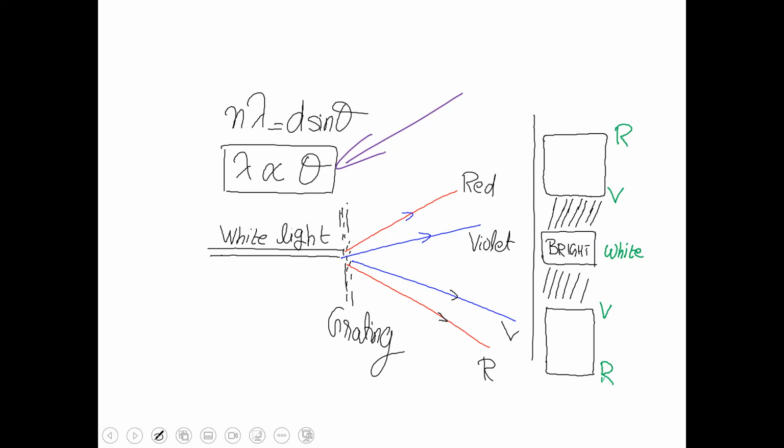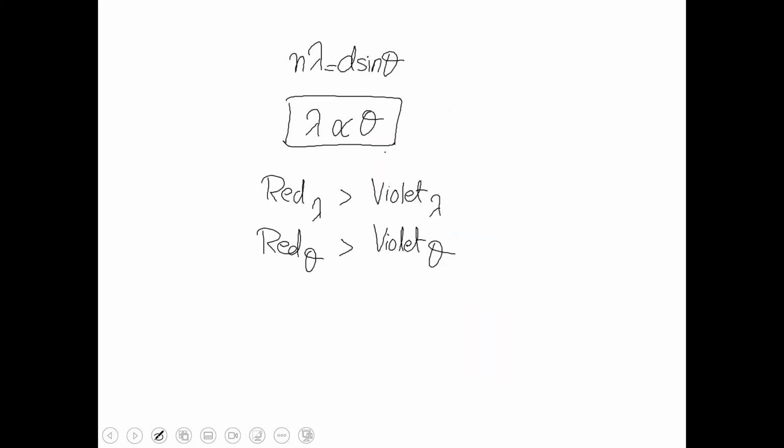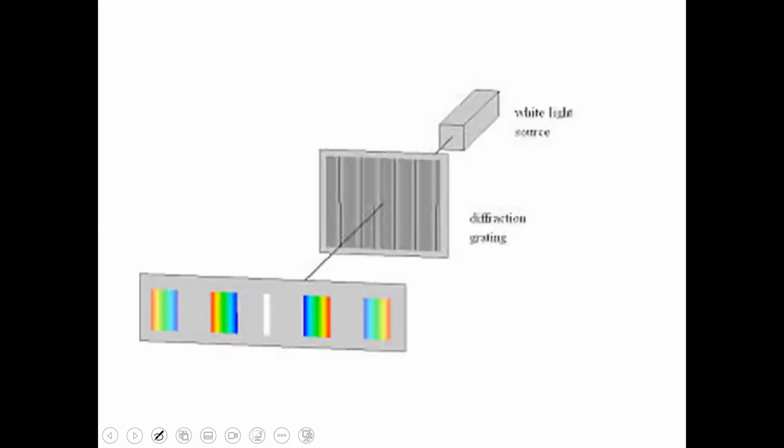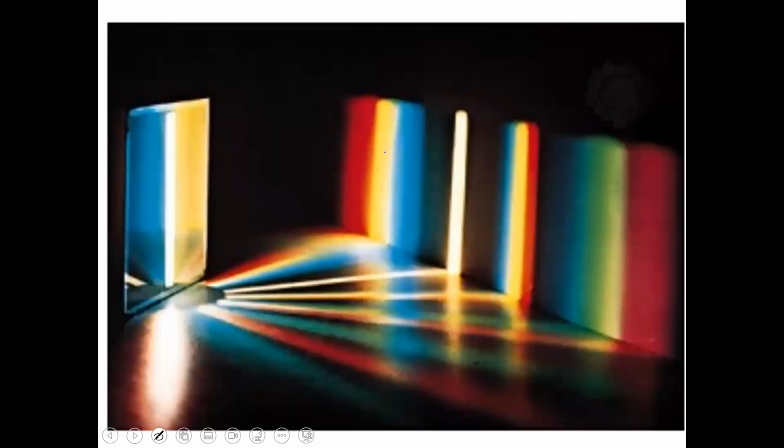This breaks the pattern into different colors. Normally, red color lambda is greater than violet, so red color theta is greater than violet. So that is why the central fringe remains white, but the sideways fringes get 7 colors. Look at this pattern, 7 color breakup.